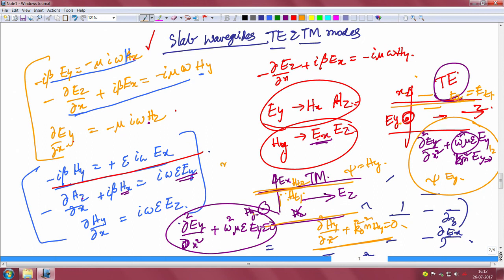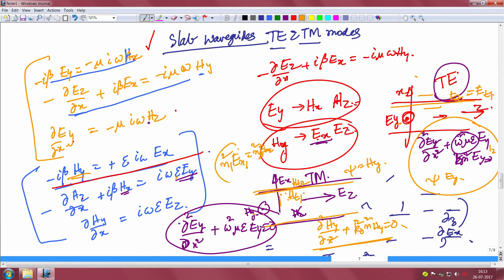So, if you observe at this point, you have the component Hy expressed in terms of the Ex component. So, the boundary condition reduces to N1 square Ex1 equals N2 square Ex2.